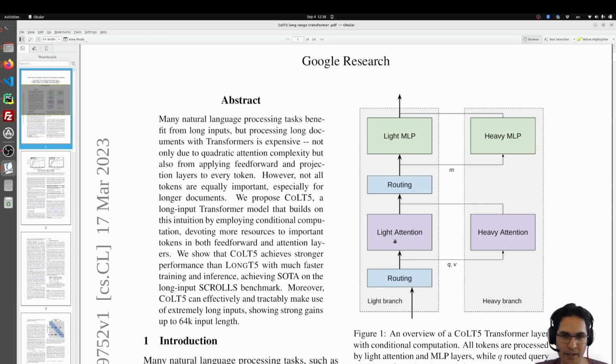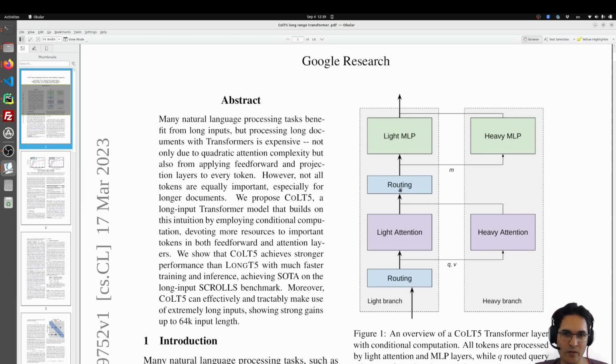These light and heavy branches are implemented very similarly, just the number of heads and the dimension for the heavy attention are much larger than for the light. By that routing, you pass just the queries and values of some part to the heavy attention and apply heavy attention only on those parts.